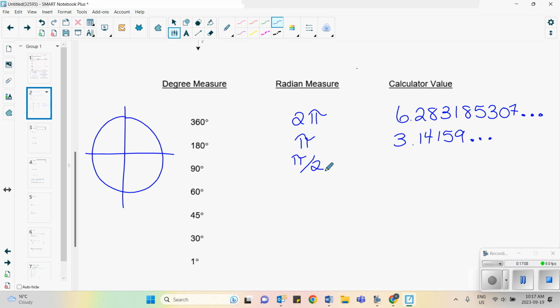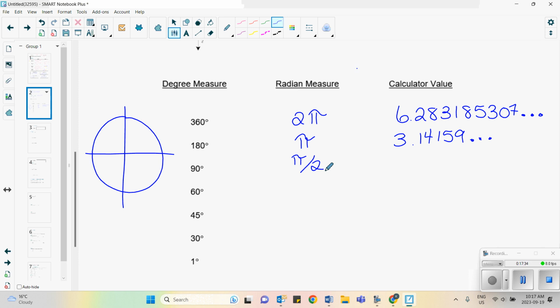Okay, so now we've got to do some mathing. 60 degrees. Pi over who? 3. How did you get that? Steve is saying that 60 goes into 360 6 times, so we take 2 pi and divide by 6.